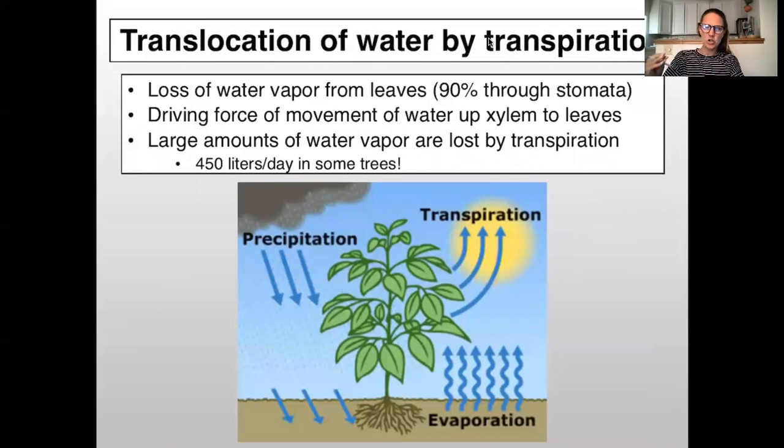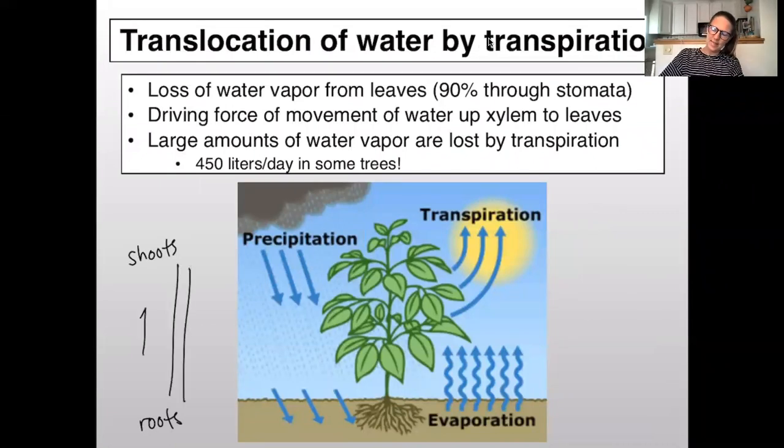The translocation of water from the roots up into the shoots through the xylem is called transpiration, right? So transpiration, and I'll put it over here just in case you can't see, transpiration.